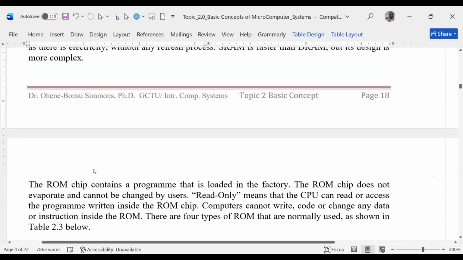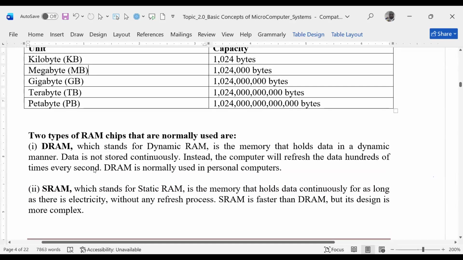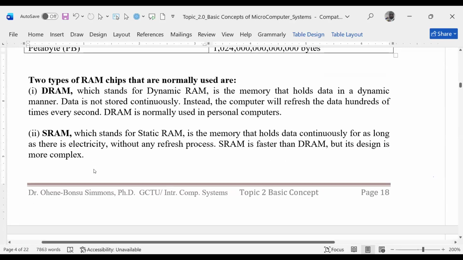The RAM, as you see, is the main memory that holds your work temporarily as long as there's power. The RAM here has two divisions, two types of random access memory, one called dynamic and another one static.